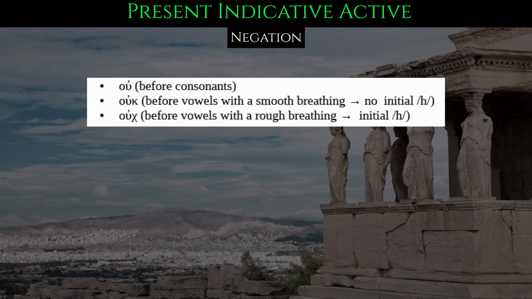So, we have ou, which comes before consonants. Then we have ouk, and this comes for vowels with a smooth breathing, which means no initial h sound. And we have ouch. This, of course, comes for vowels with a rough breathing, meaning with an initial h sound.